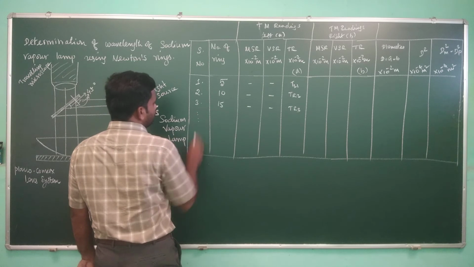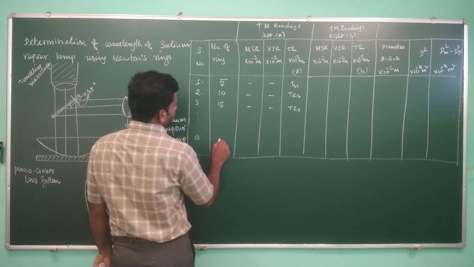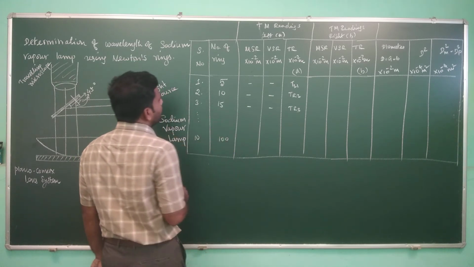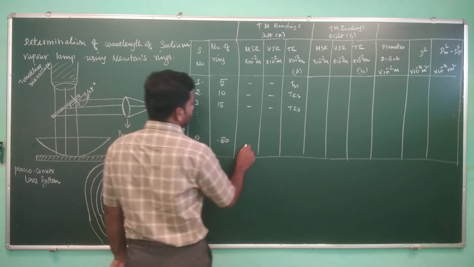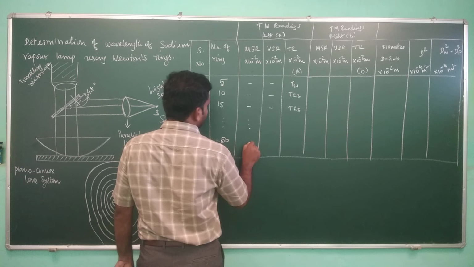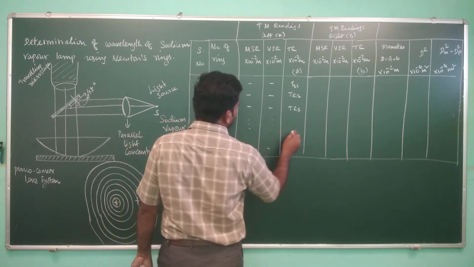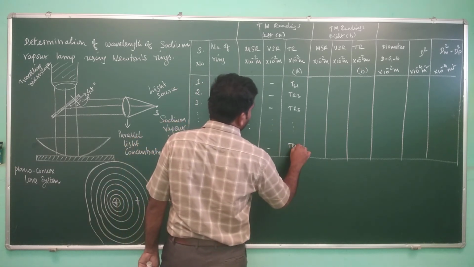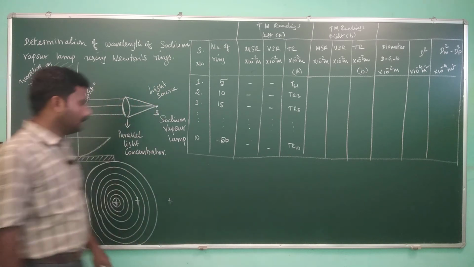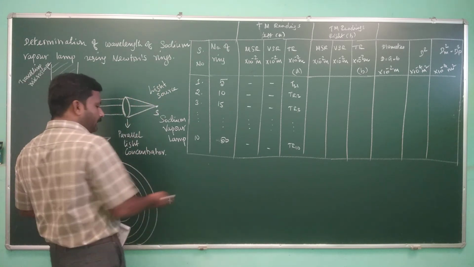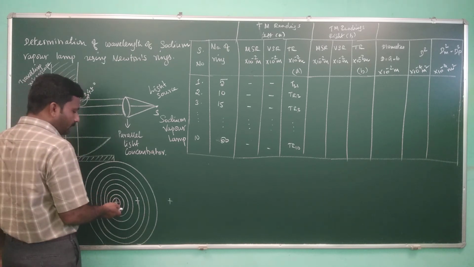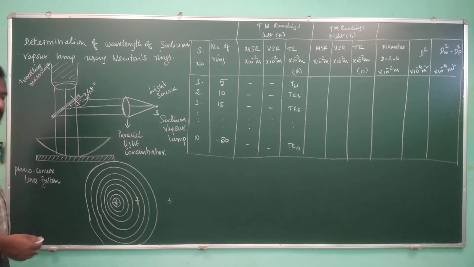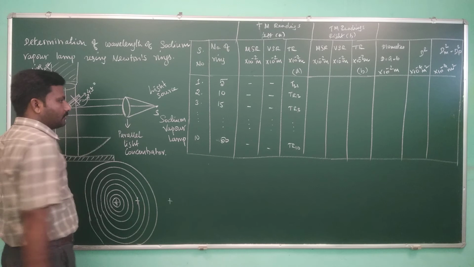So likewise, for the 10th reading we will have the 50th circle, so it will be TR10. Okay, so all these we are taking are readings of the horizontal scale of the traveling microscope by moving the crosswire in the right direction.